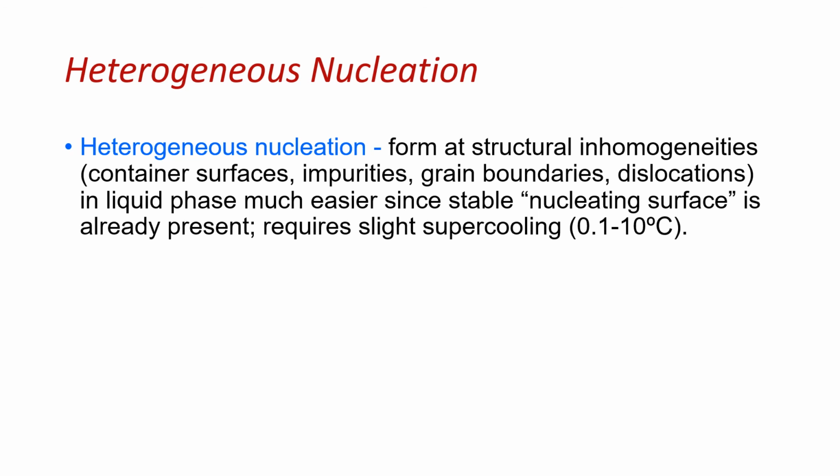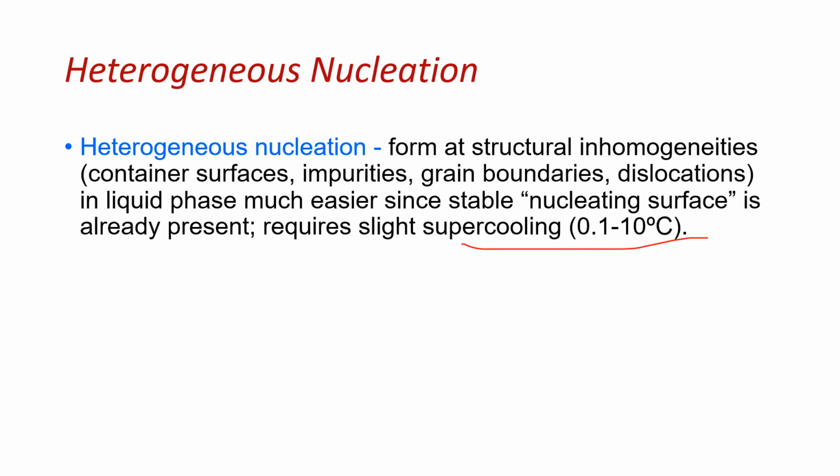For heterogeneous nucleation, we don't want to go into detail. It will be a deviation from your scope of study, but if we compare it with homogeneous nucleation, homogeneous nucleation requires a supercooling between 80 degrees centigrade and 300 degrees centigrade, while heterogeneous nucleation occurs at slight supercooling in the range from 0.1 to 10 degrees centigrade.